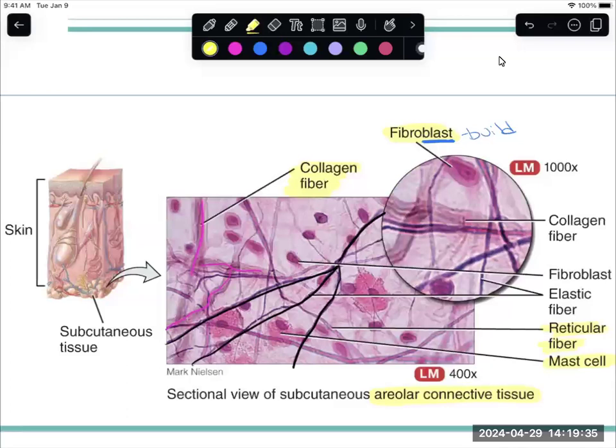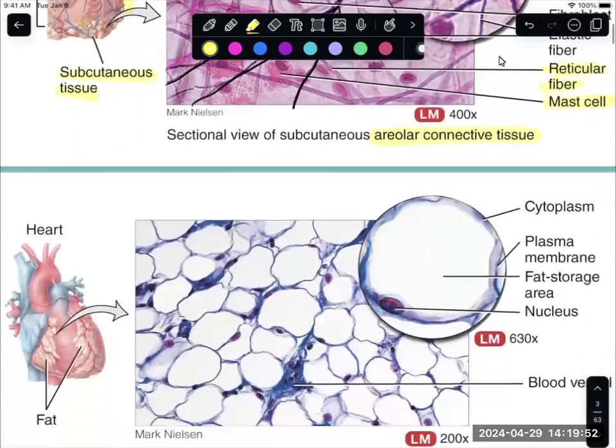But there's a lot of ground substance, just a lot of empty space is another way to describe it. This is found in your skin underneath. This says your subcutaneous tissue, but it's also found within this middle layer here.